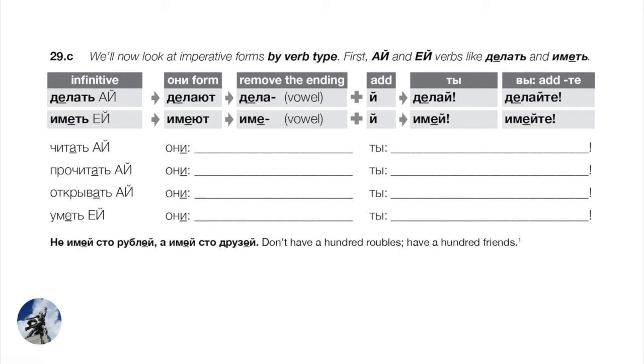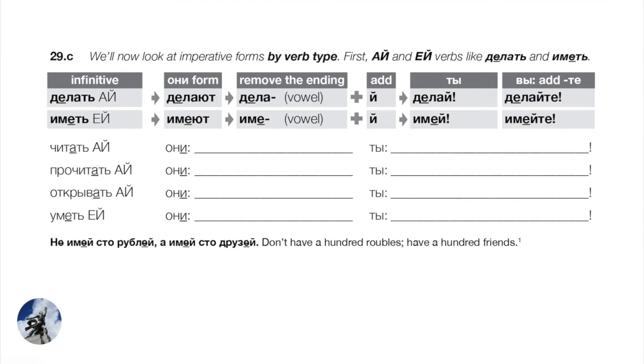Now remember, to get the vy imperative, we would simply add те, that would give us читайте. Now to tell someone read in the perfective, прочитать, прочитай. Hey, read through that book. Read that whole book right now. Открывать, открывай. And a ye verb, уметь, умей. We're telling someone to know how to do something, to be able to do something.